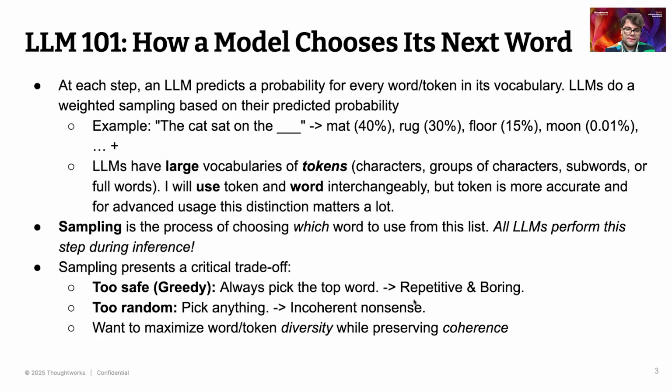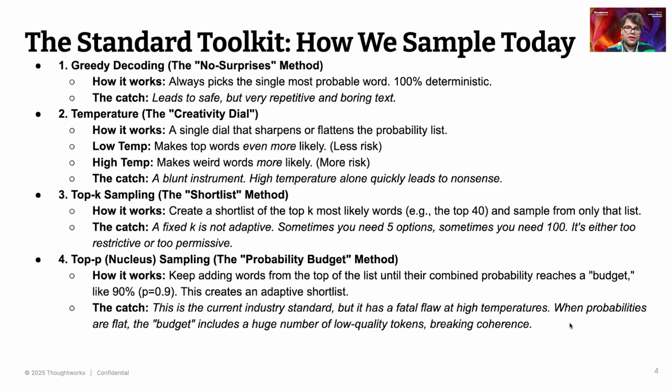So the standard toolkit for how we do this today, and for those of you who are familiar with using any of the major libraries, like building apps with them, using their API, accessing them through Python or some other programming interface, you might be familiar with some of these techniques.